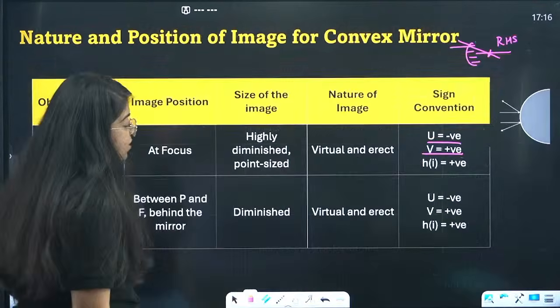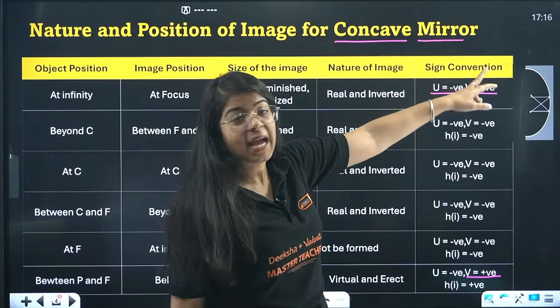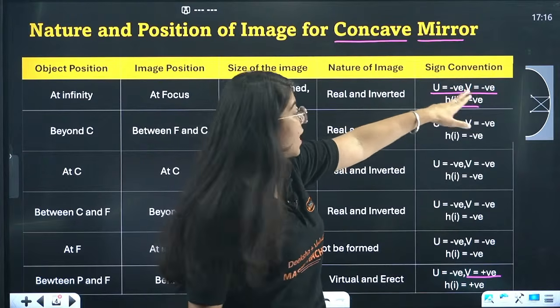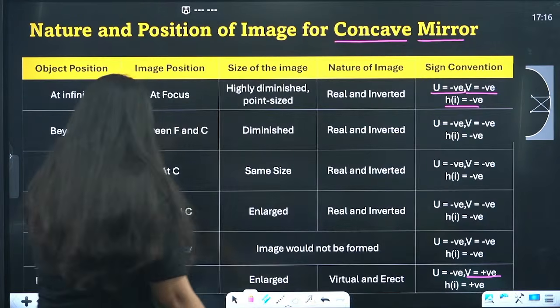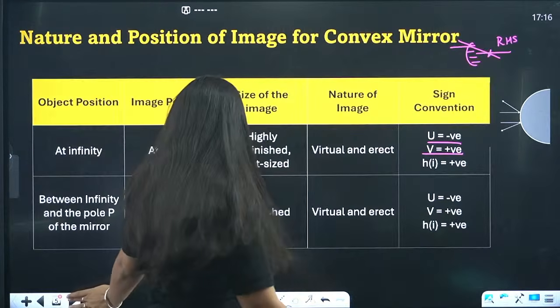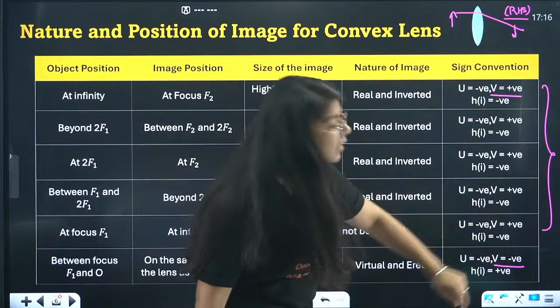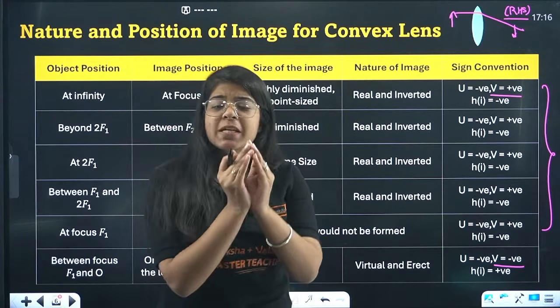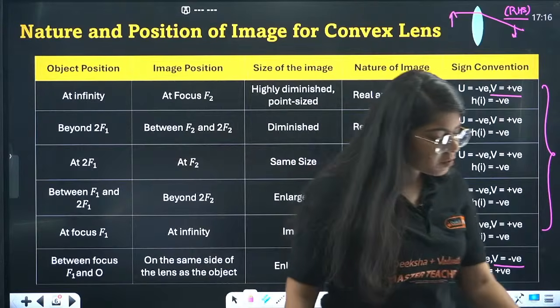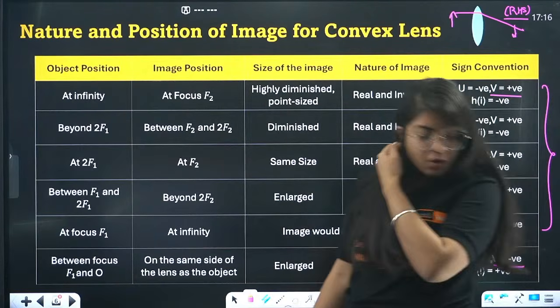If you see in the case of concave mirror, this is where we lag. This is where we need to understand. In the first 5 cases V is negative, end case is positive. In here, first 5 cases V is positive, end case is negative. Understand? Diminished means small.